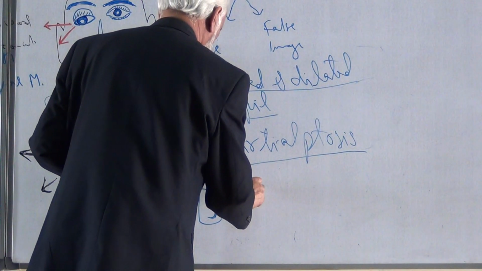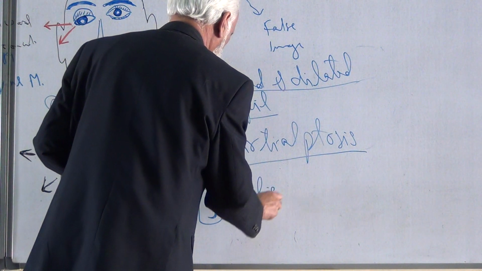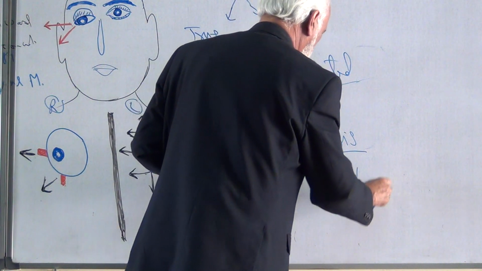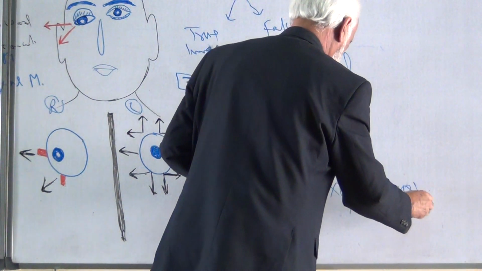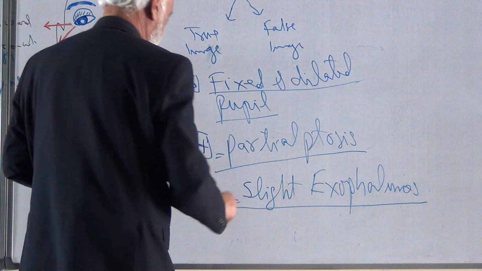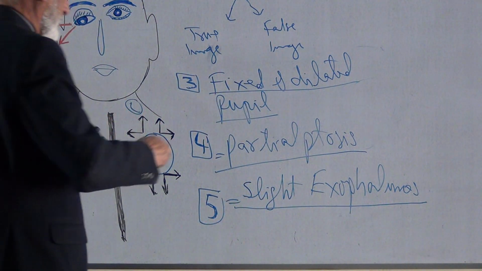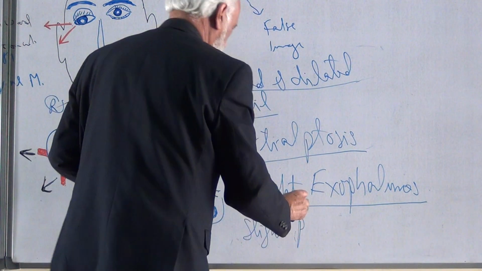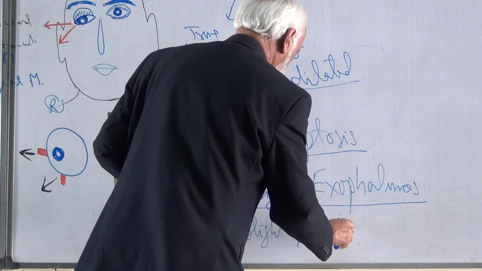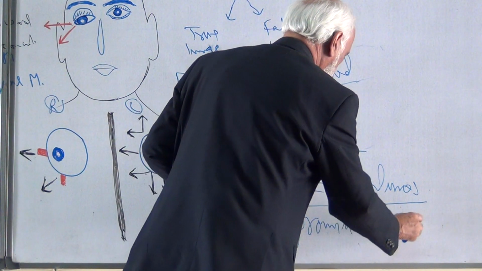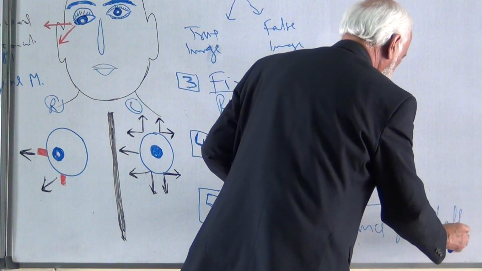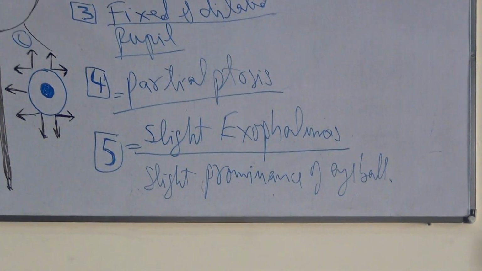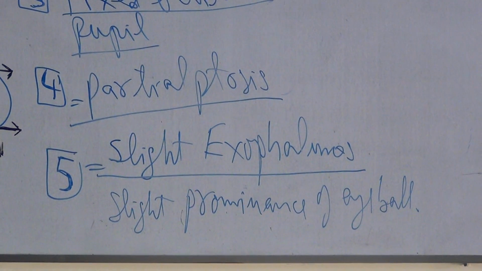That is slight exophthalmos, that is slight protuberance or prominence of the eyeball on the affected side. The eyeball will slightly bulge out, slight prominence. This prominence of the eyeball is called exophthalmos.